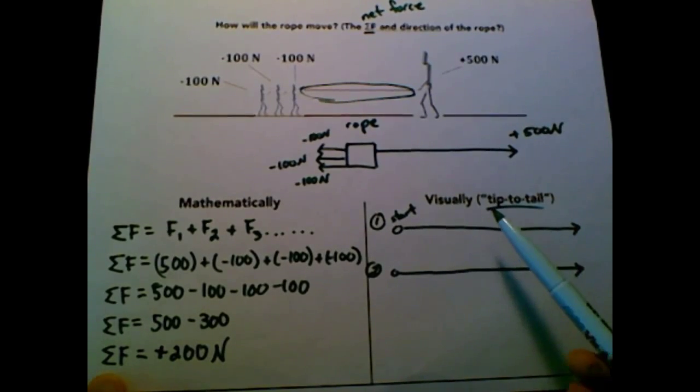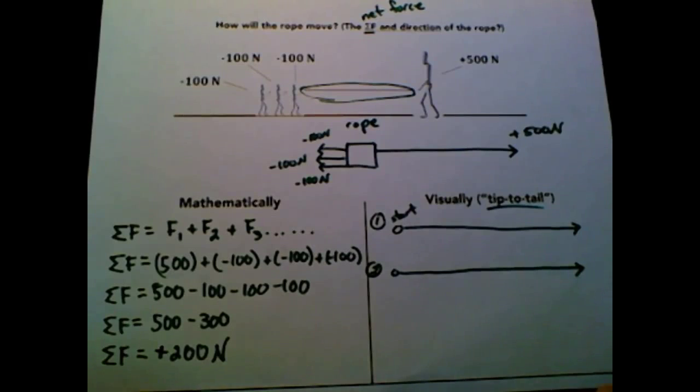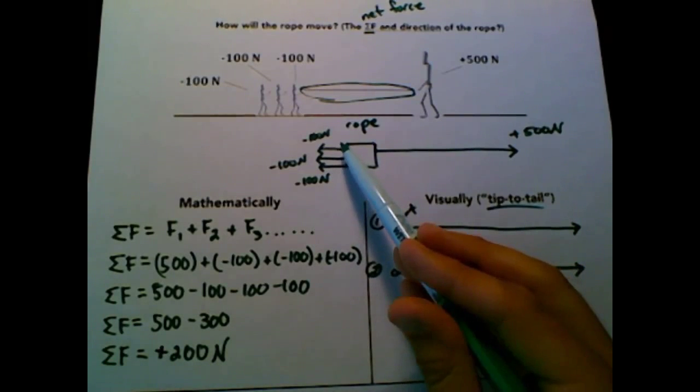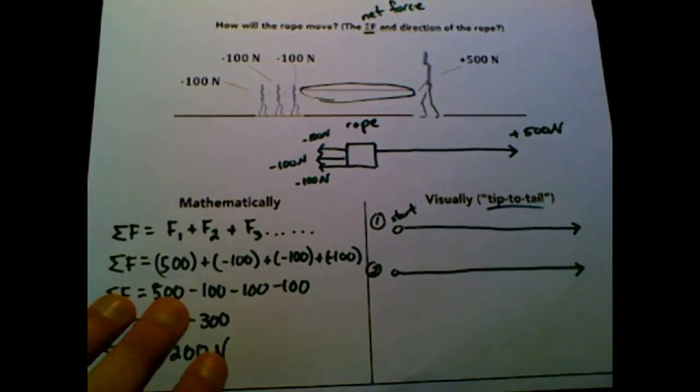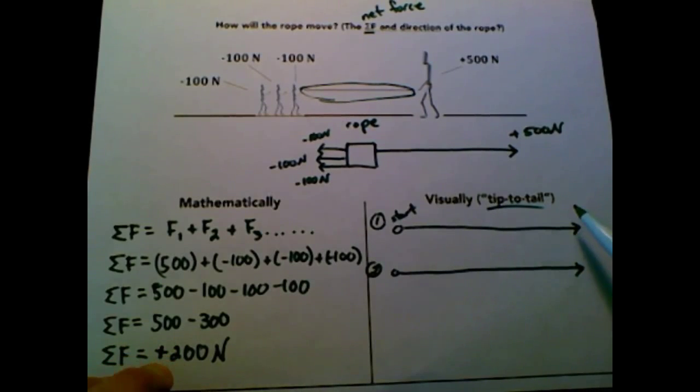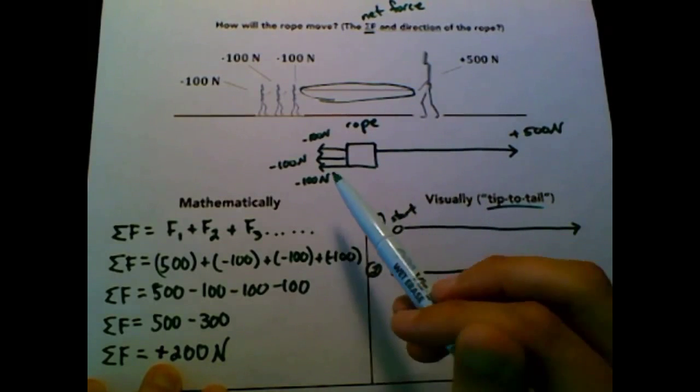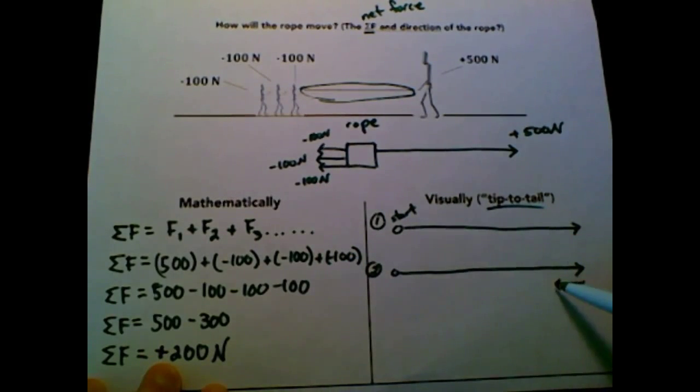All right, now I don't have any other forces going to the right, so I'm going to look at my vectors going to the left. Since it's the tip to tail method, I start at the tip of this vector and start the tail of my next one, which happens to be going to the left. Then I do the same thing here with another force of 100 newtons.